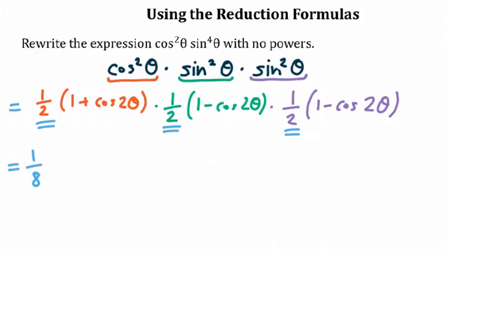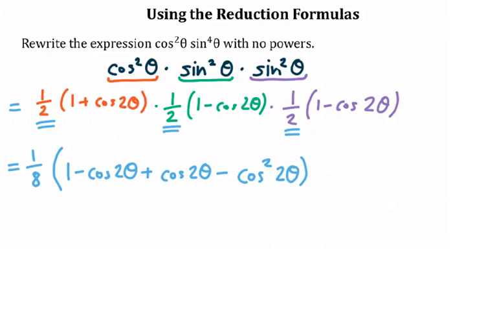And if we go ahead and multiply by FOILing, I would get 1, and then my next term would be a negative cosine 2 theta. Then I would get a positive cosine 2 theta, and my last term would be a negative cosine squared 2 theta.